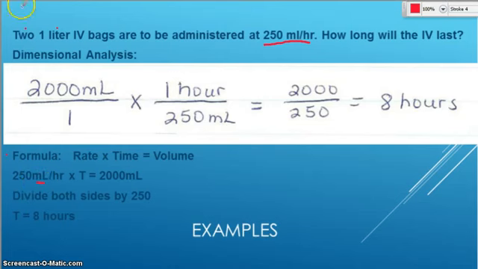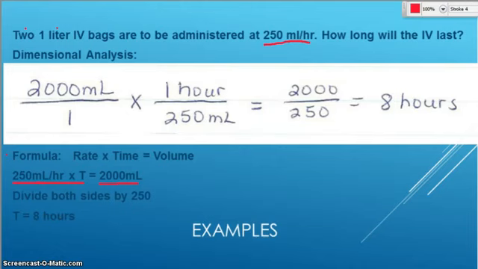We're going to have to change 2 1-liter bags to milliliters also. So 2 liters is the same as 2,000 milliliters. That's where this 2,000 comes from. Now we're ready to divide both sides by that 250. Why 250? Because that's what's with our letter. When we divide both sides by 250, you'll find that T is equal to 8 hours.